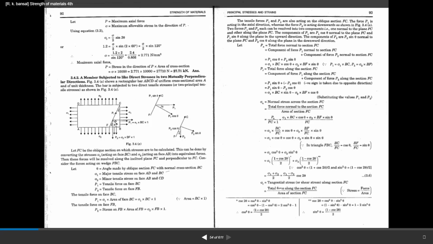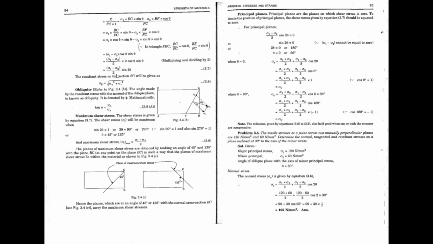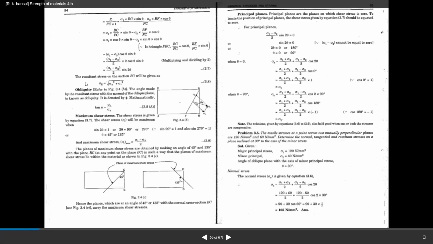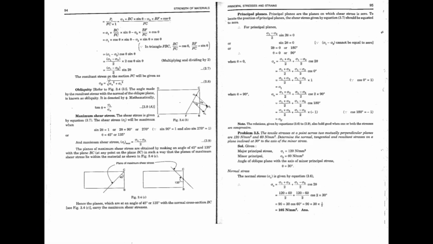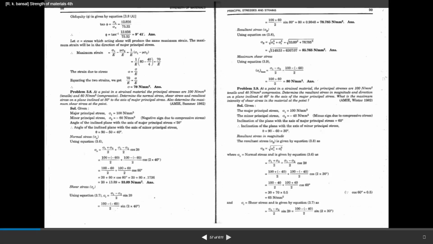And the tangential or shear stress formula, from equation 3.7: sigma 1 minus sigma 2 by 2 into sin 2 theta. And the resultant stress on the section: sigma r equal to root of sigma n square plus sigma t square. We substitute these values into these formulas.